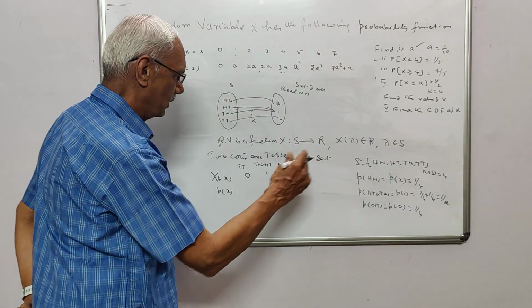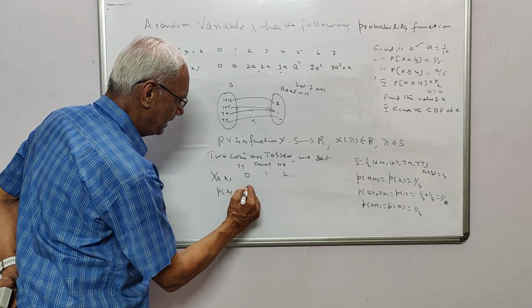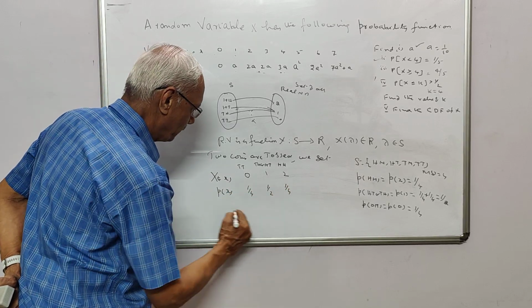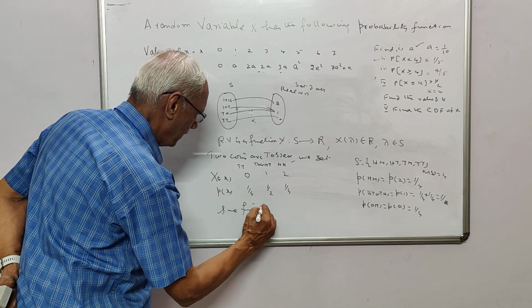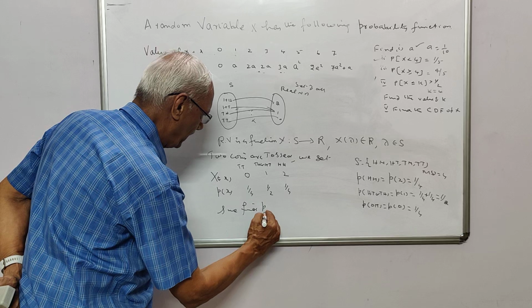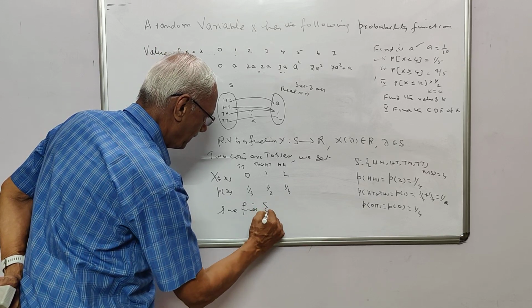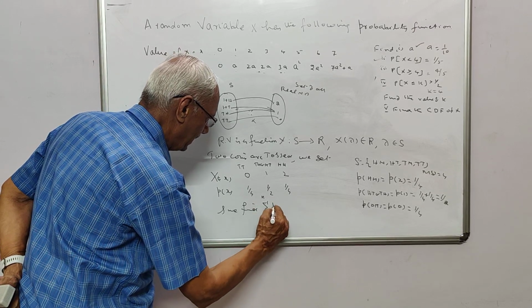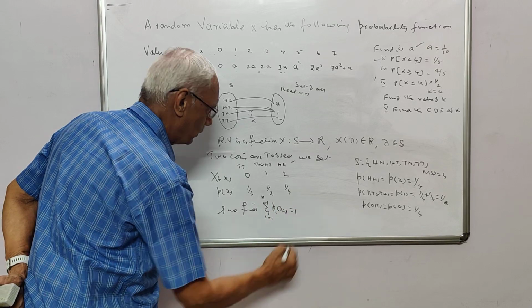So you see that TT is 1 by 4 and this is half and this is 1 by 4, and we find that sigma of i equals 1 to n of P of xi is equal to 1.